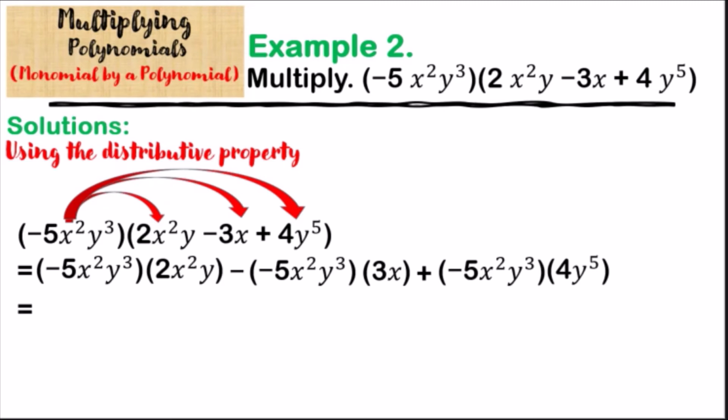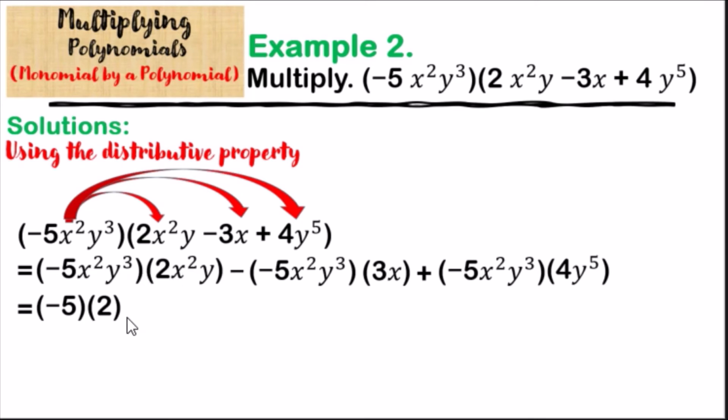Simplify. Multiply negative 5x squared y raised to the 3rd power times 2x raised to 2y. Multiply the numerical coefficient together and multiply the literal coefficient together, applying the laws of exponent. That is negative 5 times 2 and x squared times x squared.